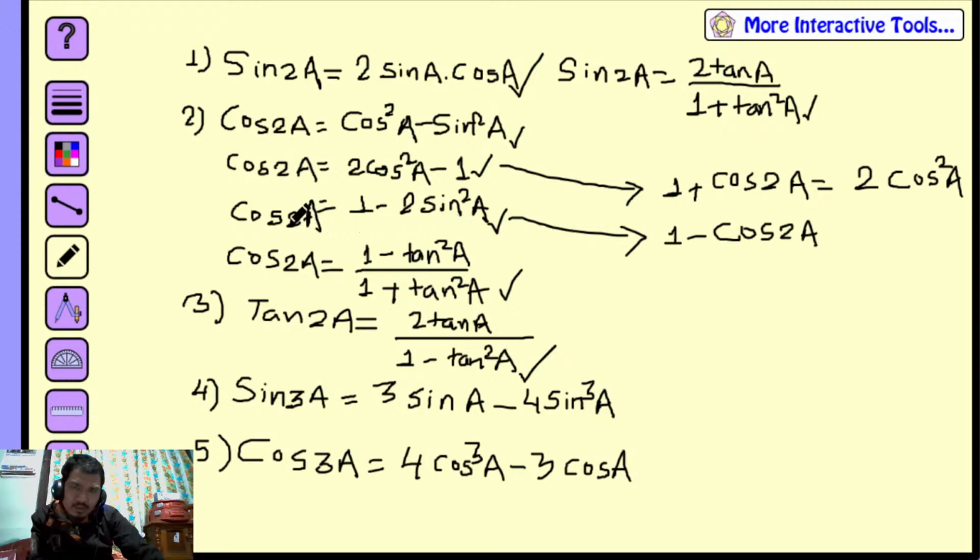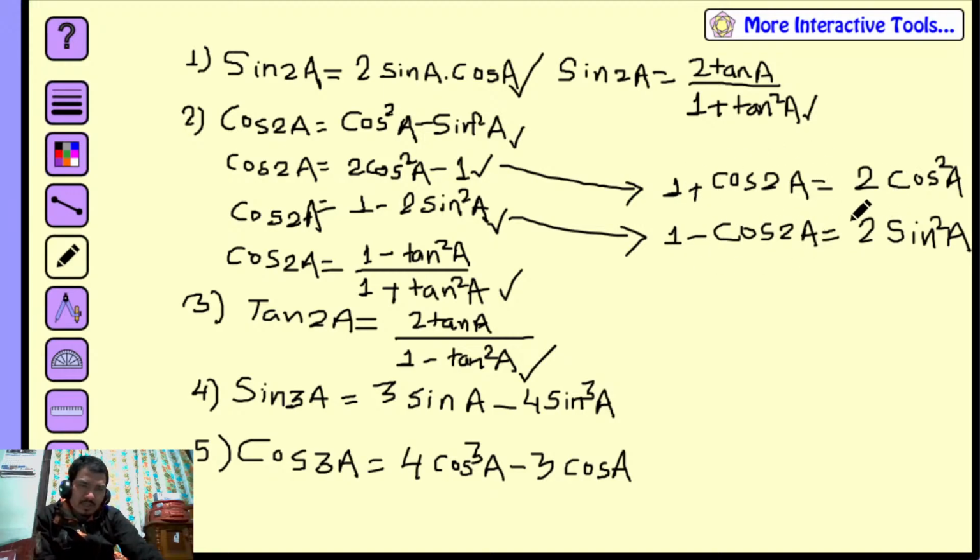Then minus 2 sine square goes to the left side and becomes positive, so 2 sine square a equals 1 minus cos 2a. These are the very important formulas that we generally use.